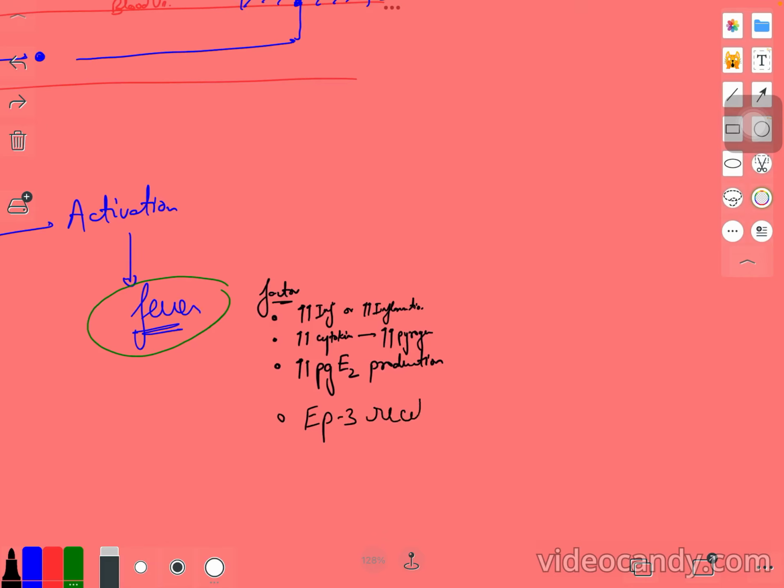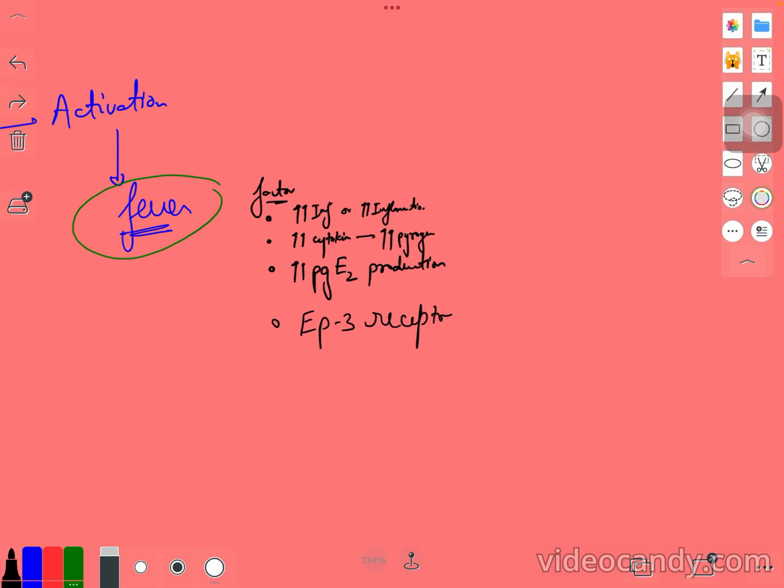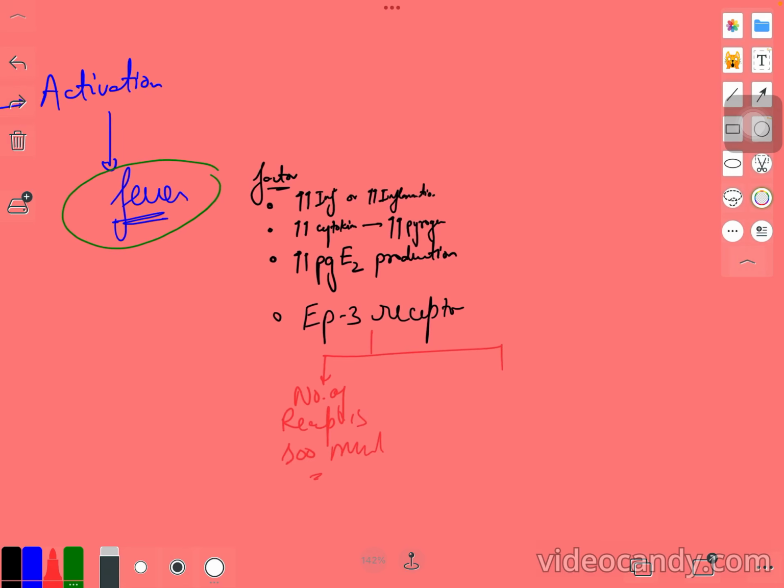If the number of receptors is so much, a huge amount of PGE2 can act on a huge amount of EP3 receptors, and the result will be high fever.